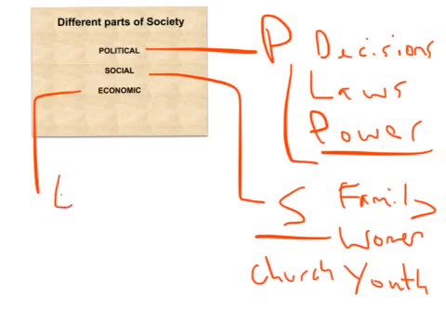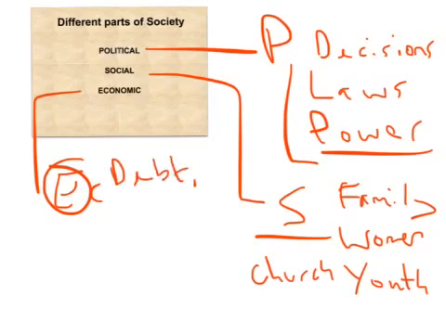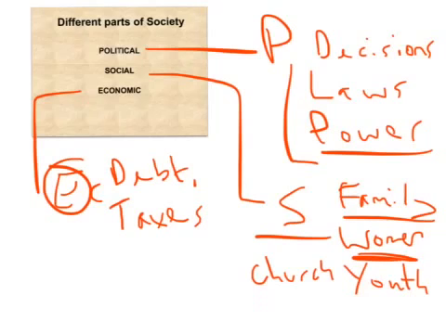And finally we have economic, which is quite important. That's looking at debt and at taxes, which the Nazis used a lot in order to get people on side. For example, they wanted people to have family as the part of society they should be in. So people with families with just one wage earner and the mum at home had lower taxes, so they got them on side.